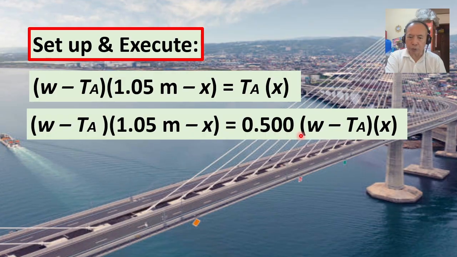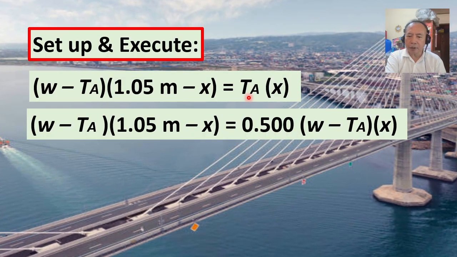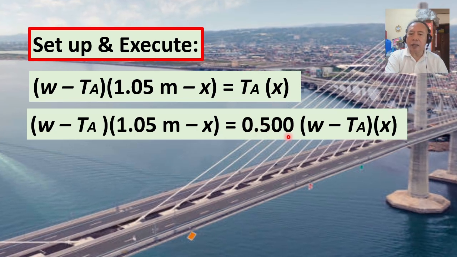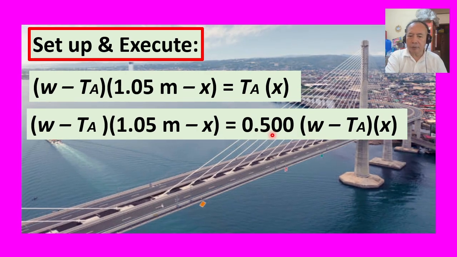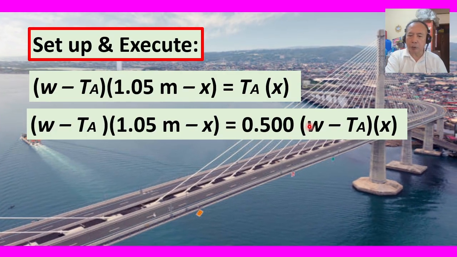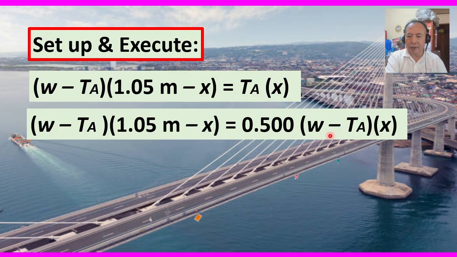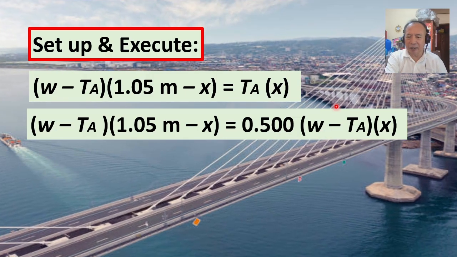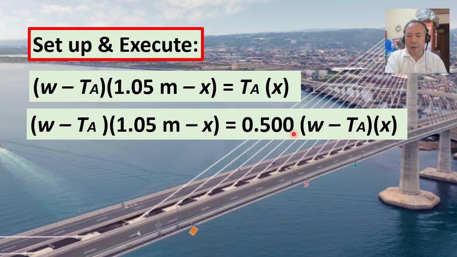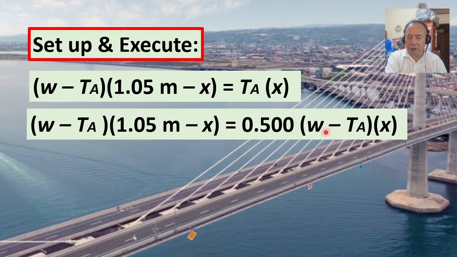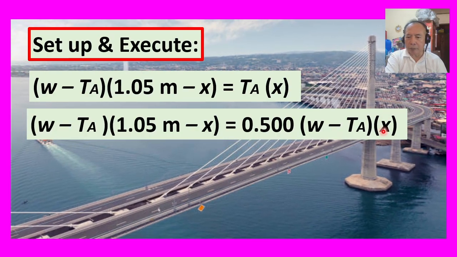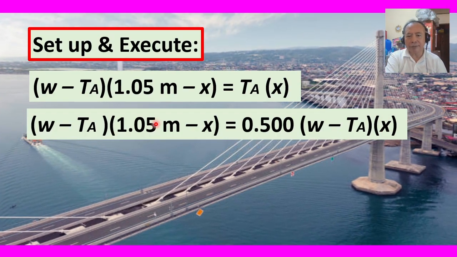We first substitute T sub A, which has already been expressed to be equal to 0.500 times quantity W minus T sub A. This was presented earlier. So we just complete our term on the right side of the equation, which will be multiplied by x.